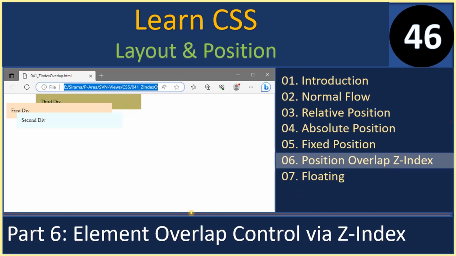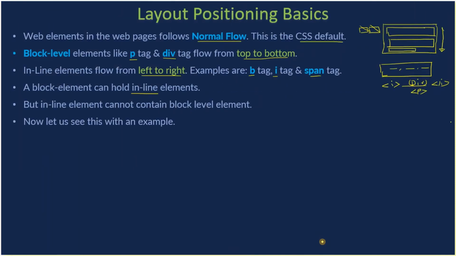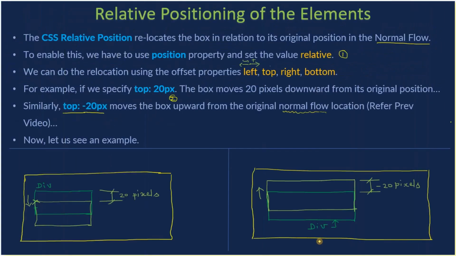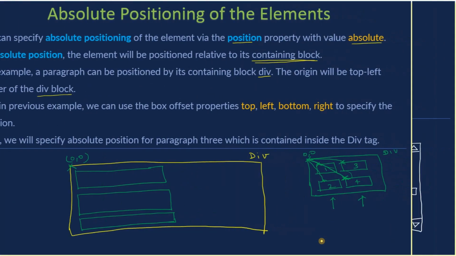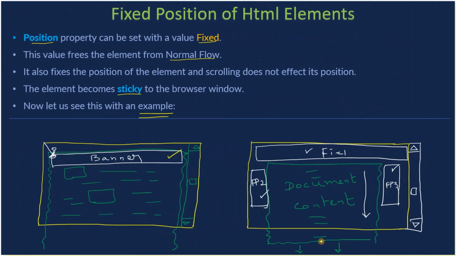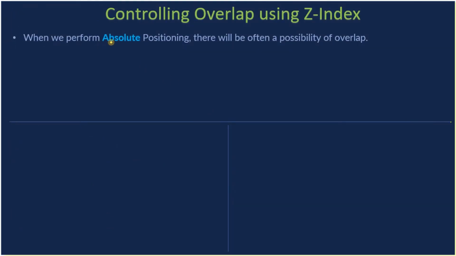In this video, we will see how to control element overlap via the z-index property. So when we perform absolute positioning, there will often be a possibility of overlap.